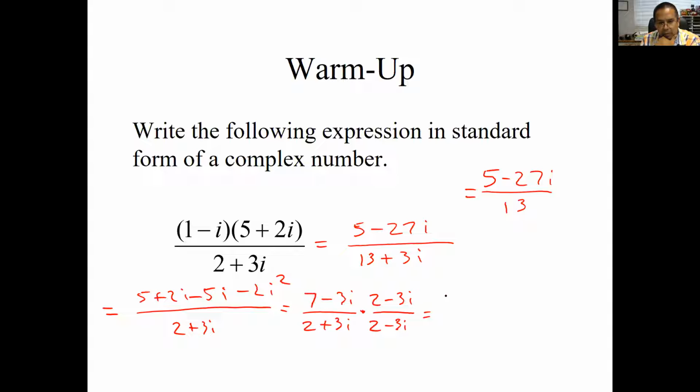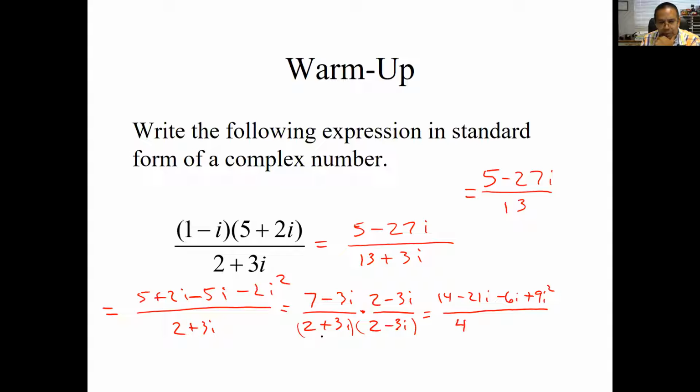That would give us what? 14 minus 21i minus 6i plus 9i squared over 2 times 2 is 4. Right, distributing.